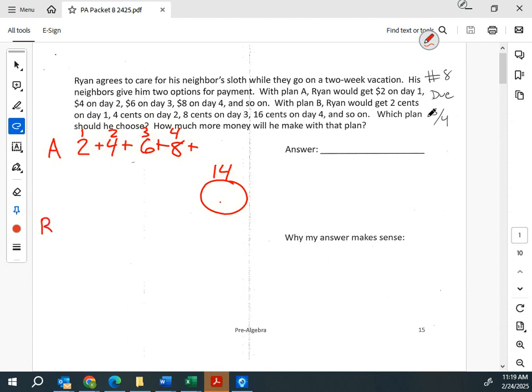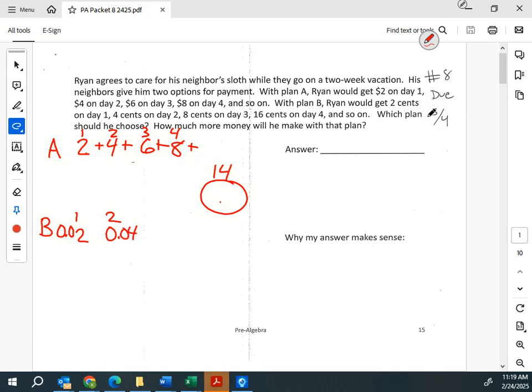For plan B, on day 1, he makes 2 cents. I am not just going to write a 2 there, because that's what I wrote for $2. 2 cents is 0.02. Then we double it for day 2, 0.04.